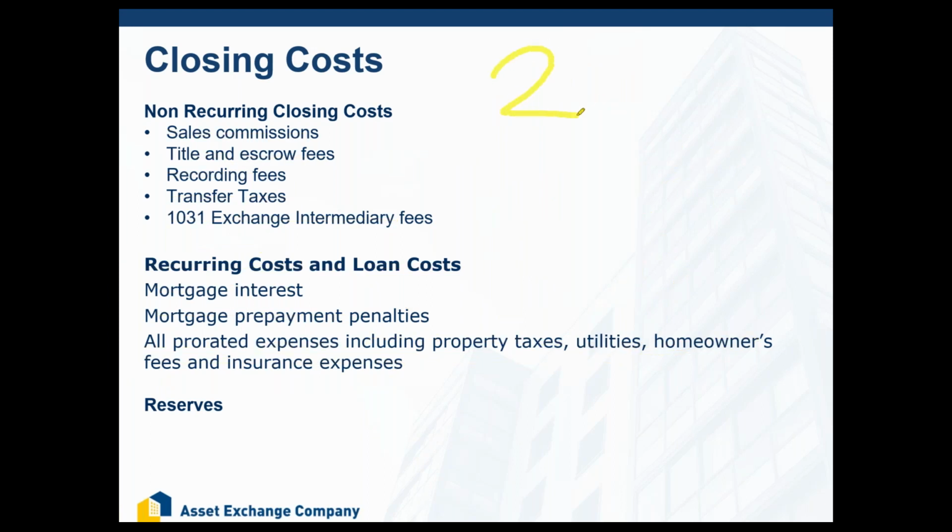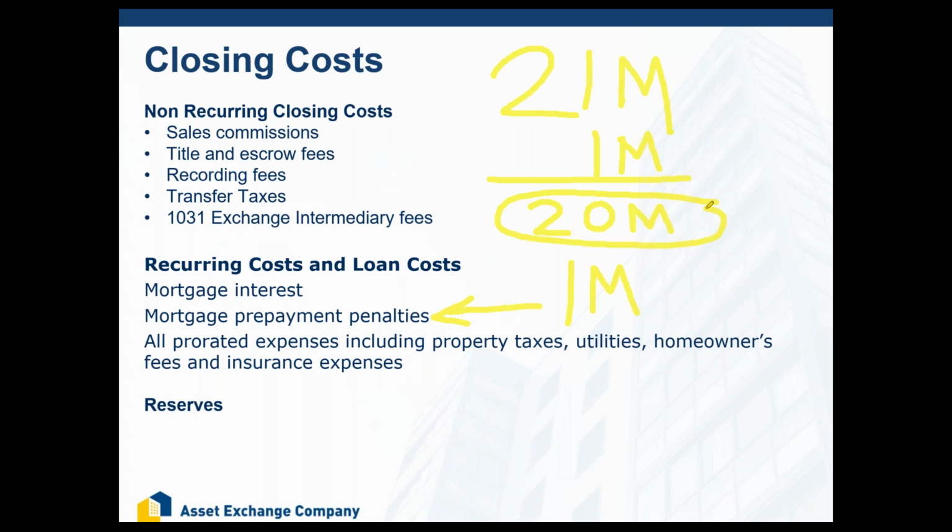I had a client selling a property for $21 million. They were paying off their loan early, and they had a $1 million prepayment penalty. My client wanted to take that out of the sale proceeds and then do an exchange on the remaining value of $20 million.